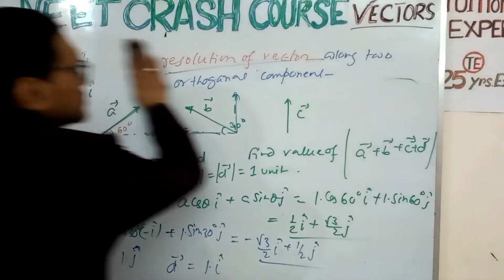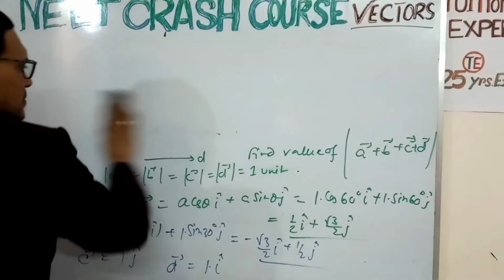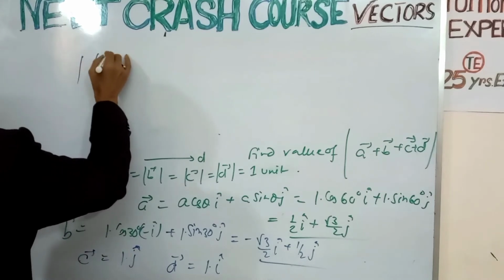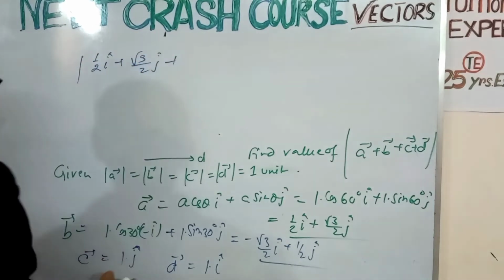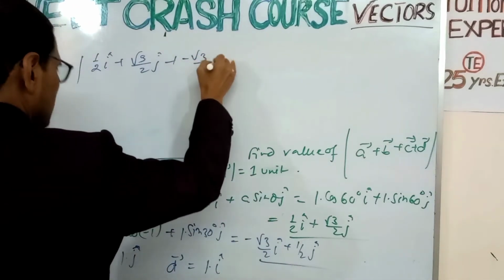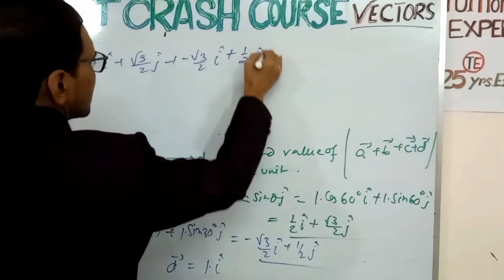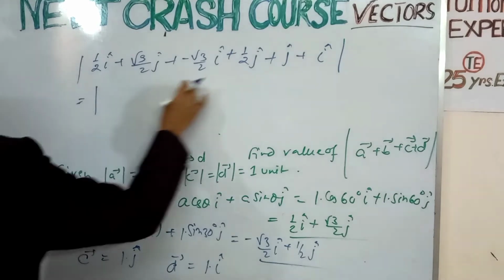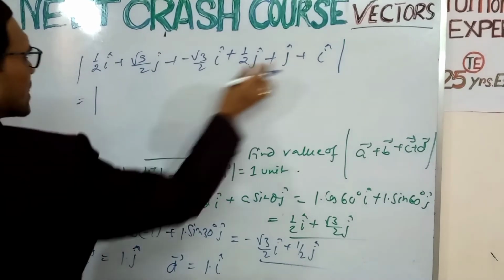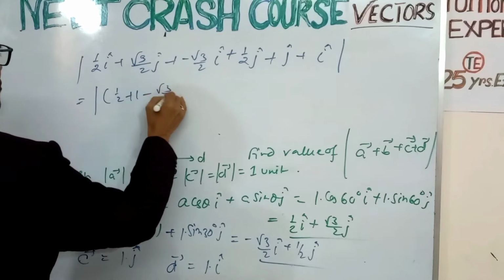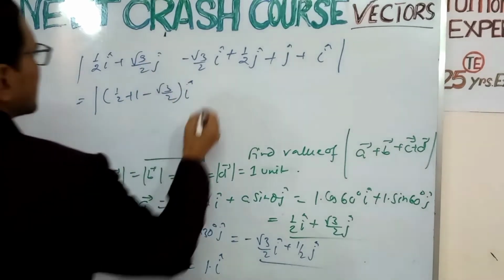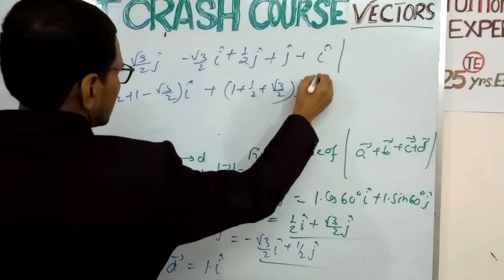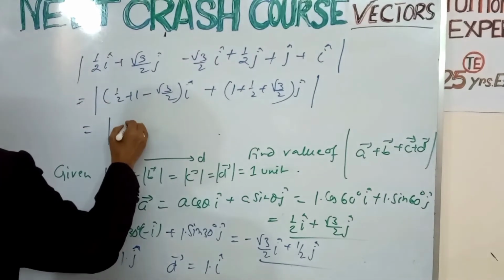A equals this, B equals this, C equals J, D equals I. So we can write the I component: half plus 1 minus root 3 by 2, and the J component: 1 plus half plus root 3 by 2, so 3 by 2.